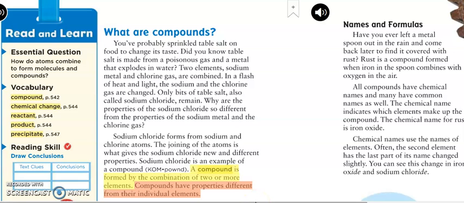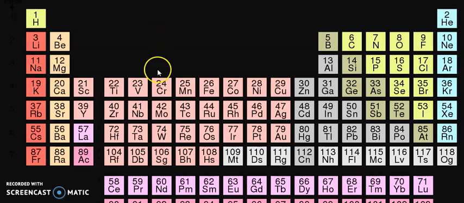Also, compounds have properties different from their individual elements. So, for example, any combination between two or more elements from this periodic table is an example of a compound. Any two elements in this periodic table combined with each other we call a compound.